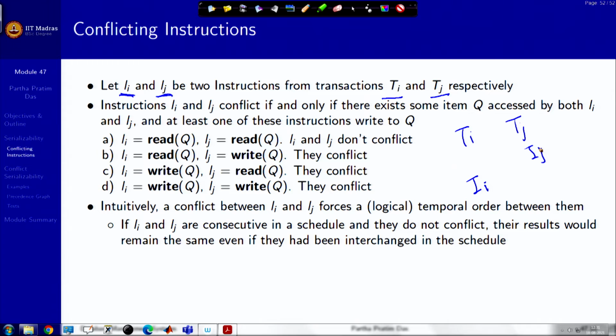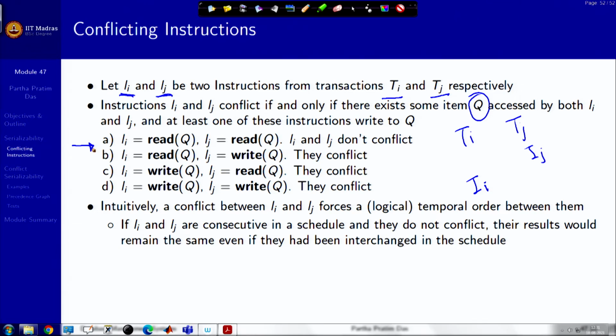This is the situation. Now, for some data item Q which is accessed by both these instructions Ii as well as Ij, we will say that there is a conflict if at least one of them writes to Q.